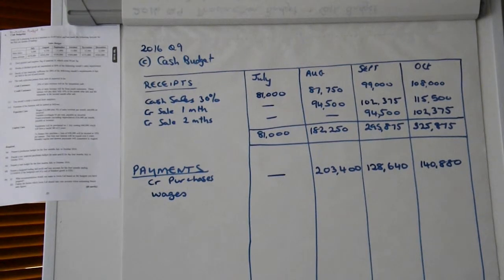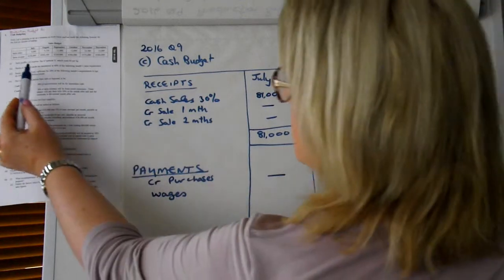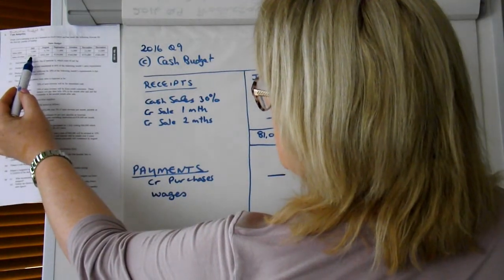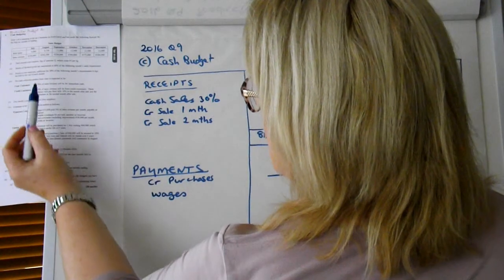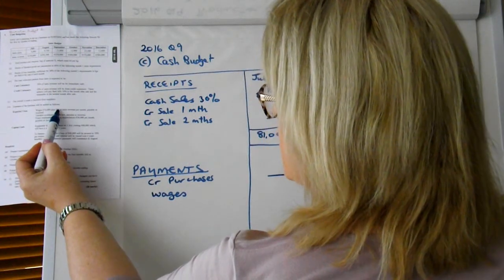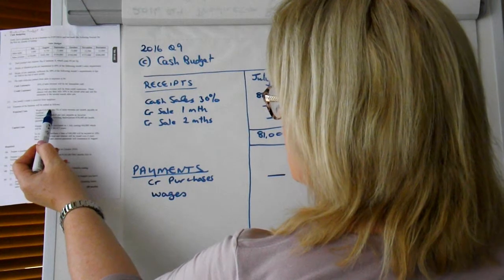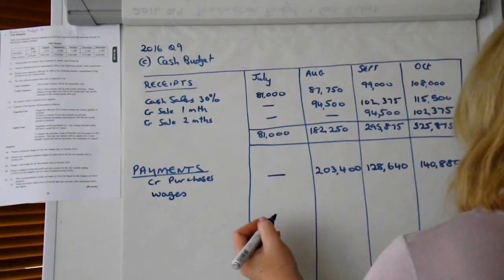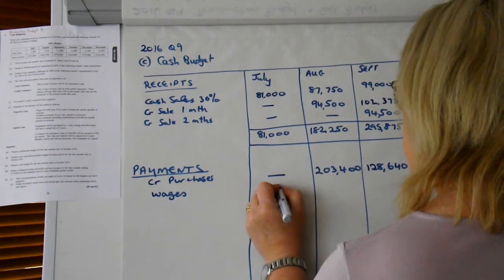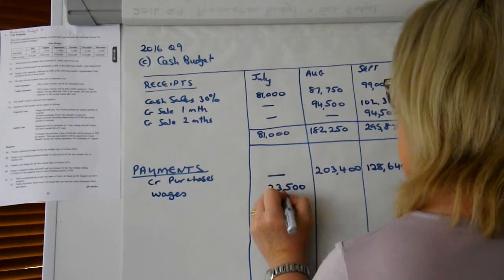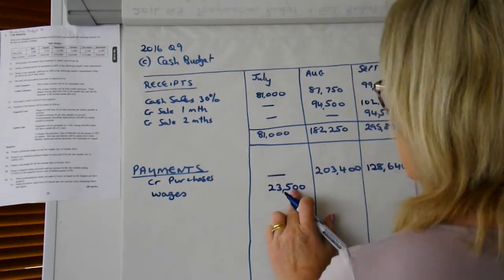So my wages bill for July is my sales revenue for July from the question, 270,000 multiplied by the 5%, which is 13,500, and add on the 10,000, so 23,500 there for July, and repeat the process across.